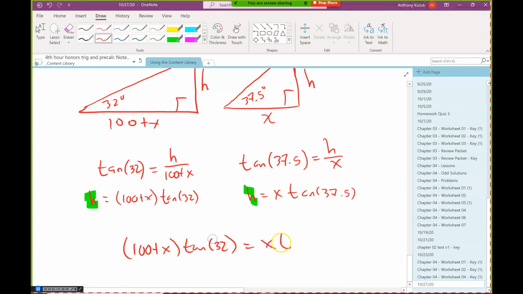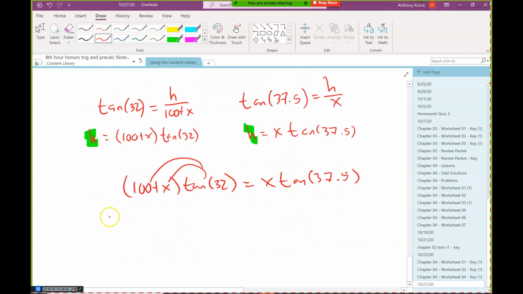Remember in Algebra 3-4 last year, you solved systems using substitution or elimination? I just use substitution there. Since they're both equal to H, I can set them equal to each other. So now I'm just going to get the x's onto one side. So I'll distribute that tan 32 through. Remember that tan 32 is just a number.